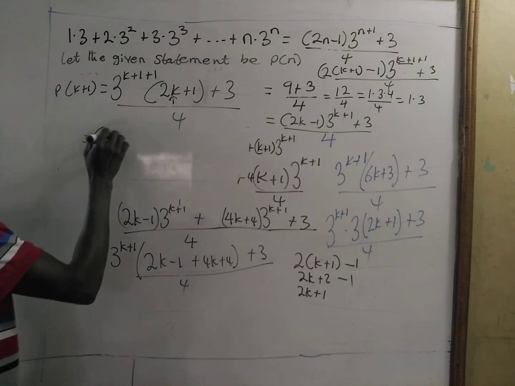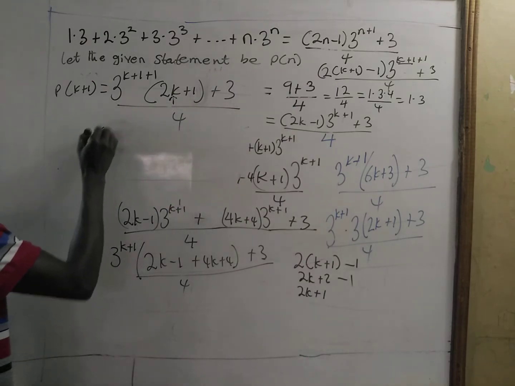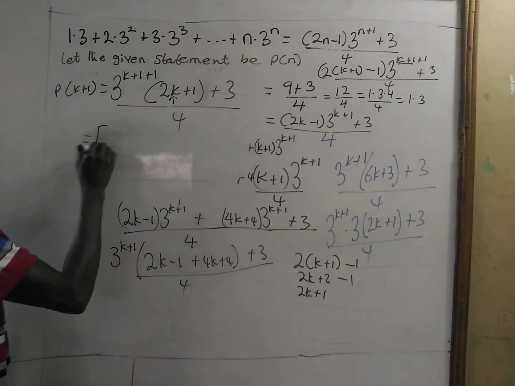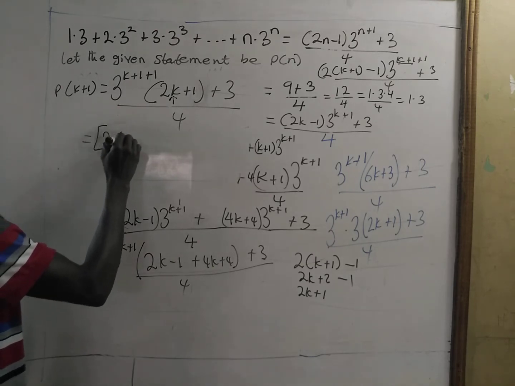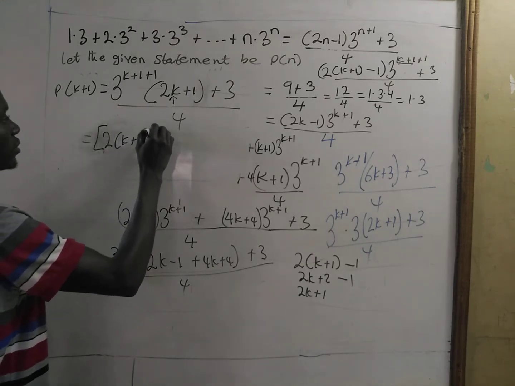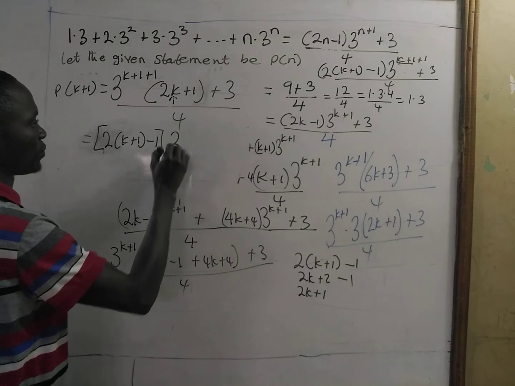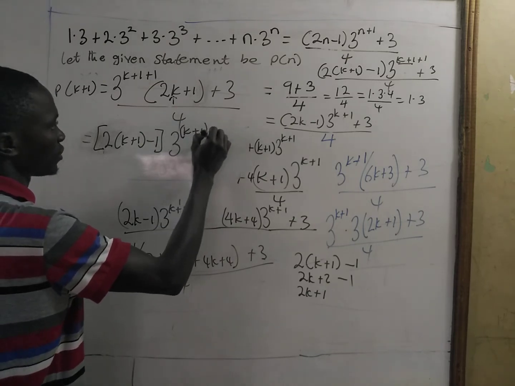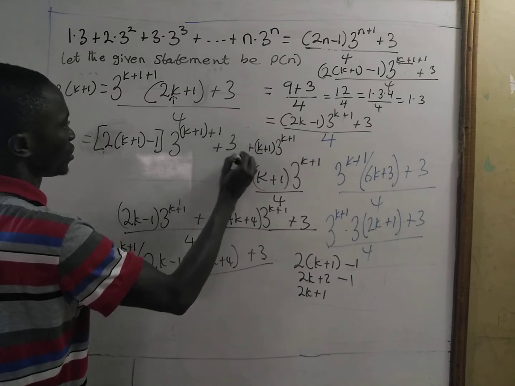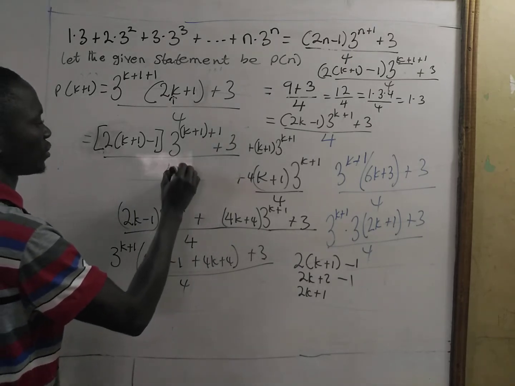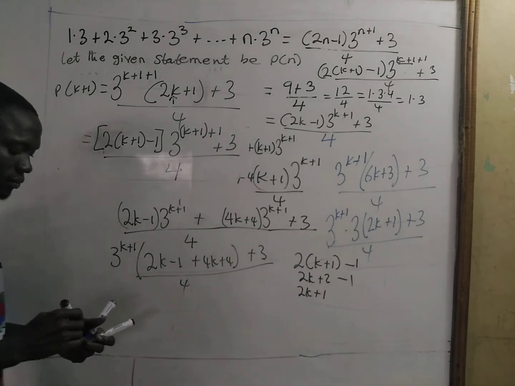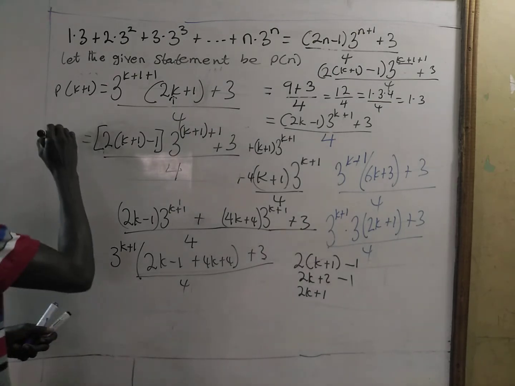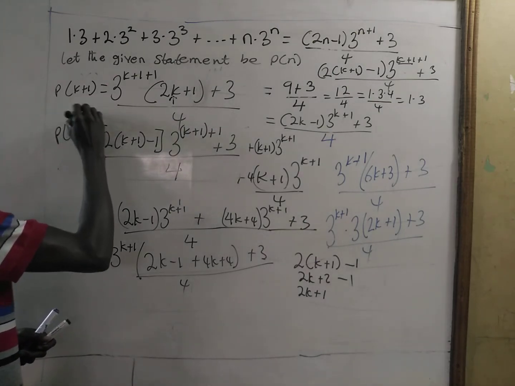So here we have 2 times (k plus 1) minus 1, then 3 to the power k plus 1 plus 1, plus 3, all divided by 4. That is very, very simple, as our Pk plus 1.